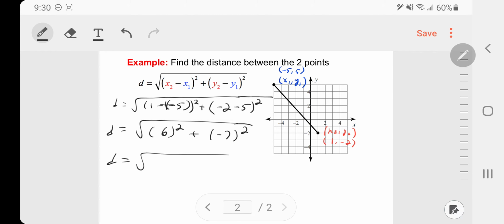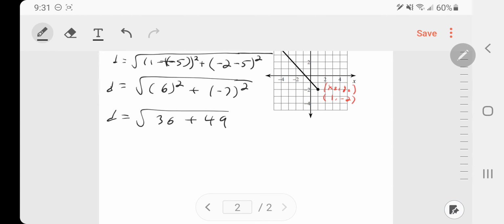So 6 squared gives us 36. -7 squared is like saying -7 times -7, so that's going to be positive 49. Add those together, 36 and 49, that's going to give me the square root of 85. Plug that into the calculator, and the square root of 85 is about 9.2.